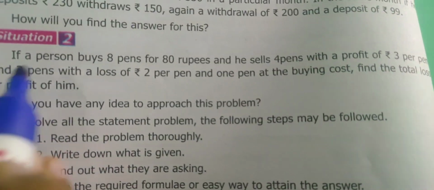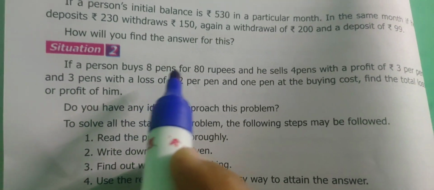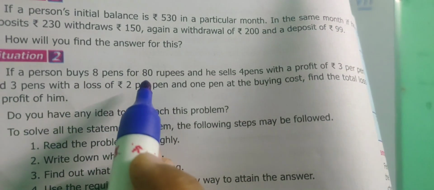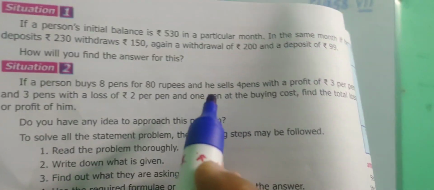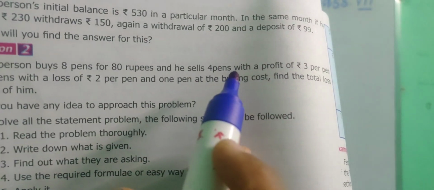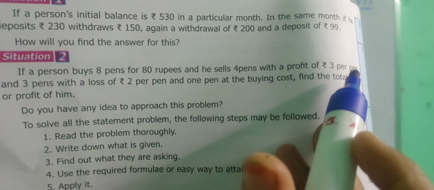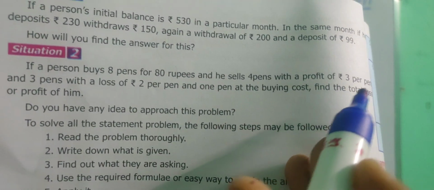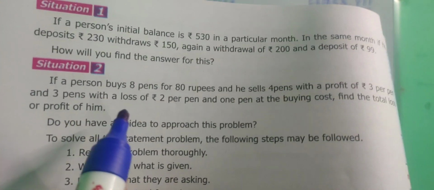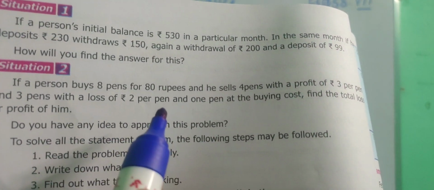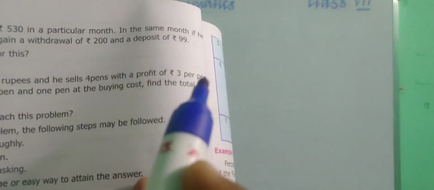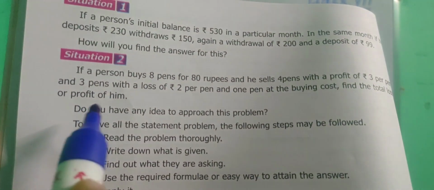If a person buys 8 pens for rupees 80, and he sells 4 pens with a profit of rupees 3 per pen, and 3 pens with a loss of rupees 2 per pen, and 1 pen at the buying cost, find the total loss or profit of him. So let us write the given.